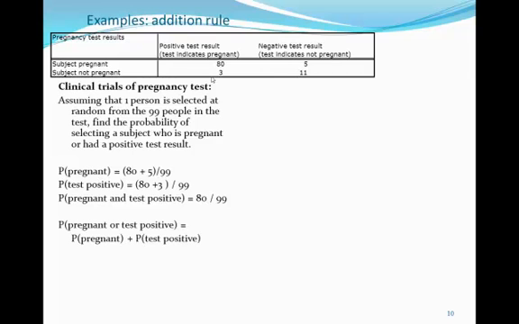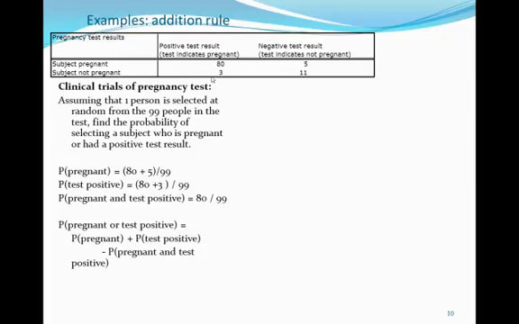We get clinical trials of pregnancy tests, assuming that one person is selected at random from the 99 people in the test. Find the probability of selecting a subject who is pregnant or had a positive test result. So here we have to use an addition rule, right? It's a union of pregnant subject and positive test results.